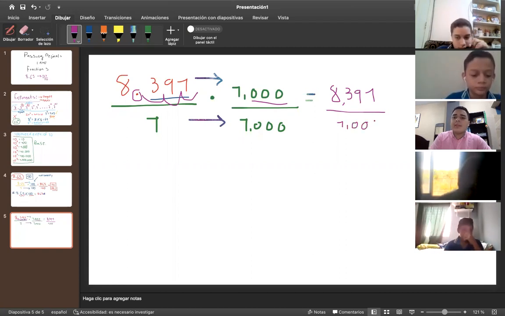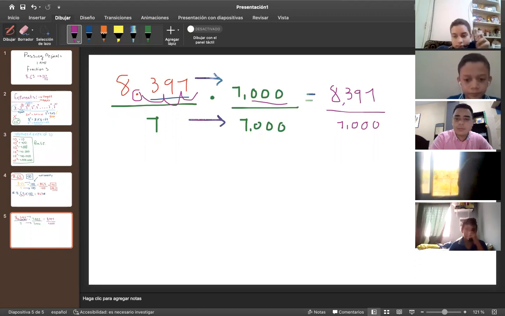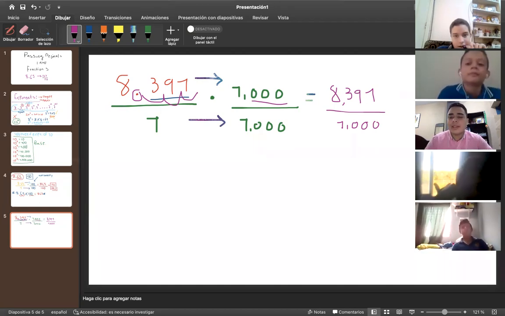Now, can we simplify this fraction, kids? Can we divide both numbers by 2? No. By 3? No. By 4? No. By 5? No. By 6? No. By 7?